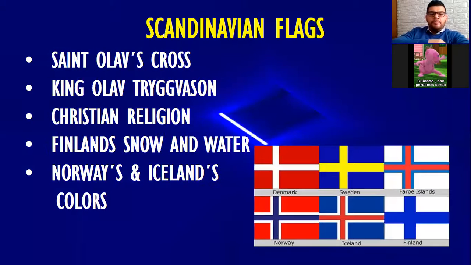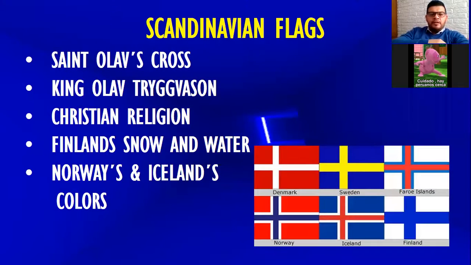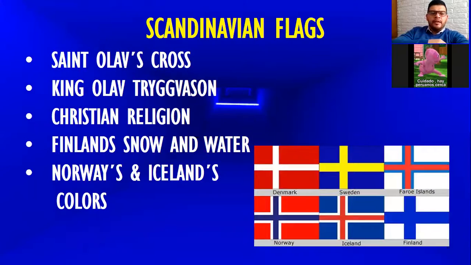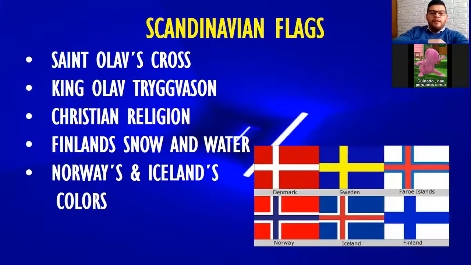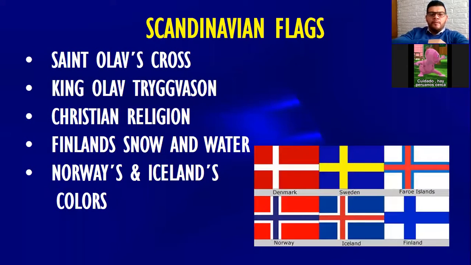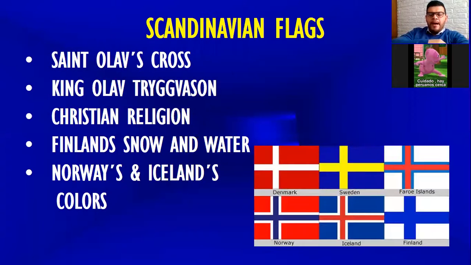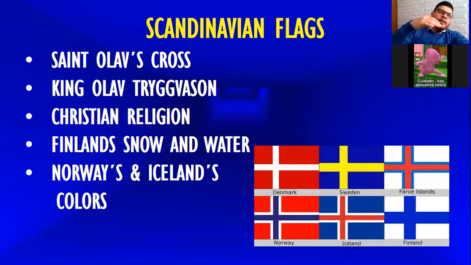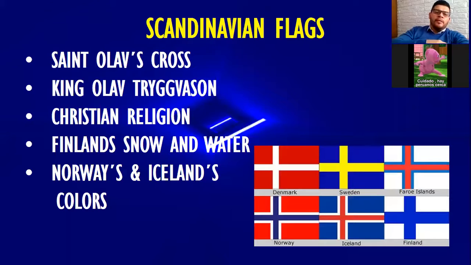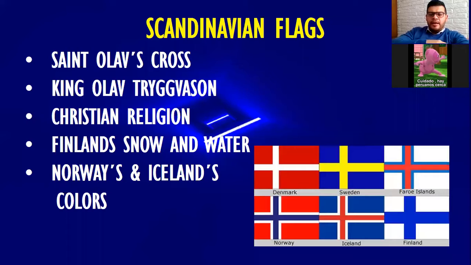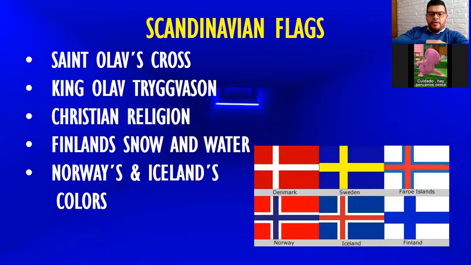This cross is called the Saint Olaf's cross, yeah? Olaf Tryggvason was the king of the Vikings back in the year 1200. King Olaf Tryggvason had a cross like the one we are watching in each one of the flags.